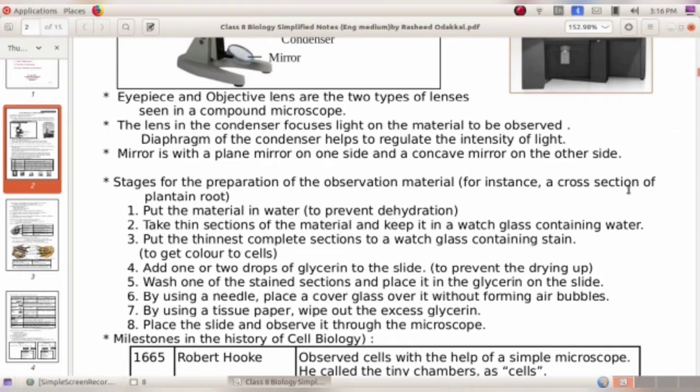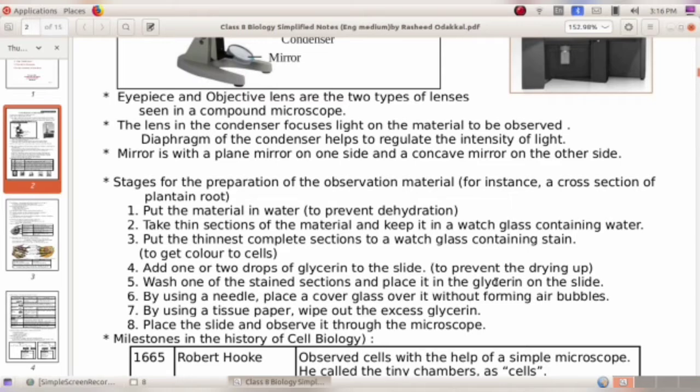First, take a cross section of a plantain root, then put the material in water to prevent dehydration. Then take thin sections of the material and keep them in a watch glass containing water. Put the thinnest complete section into a watch glass containing stain. This is to give color to the cell. Then add 1 or 2 drops of glycerin to the slide.